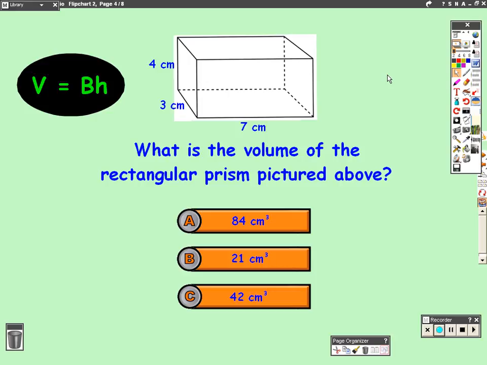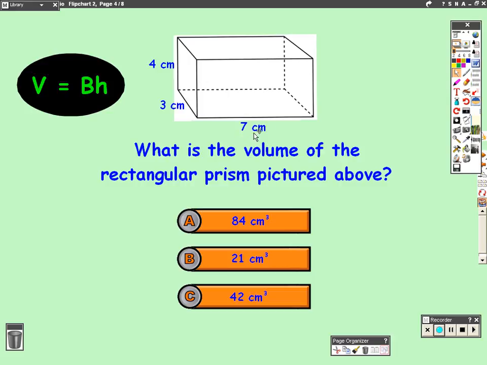Now, making the transition from area to volume is somewhat related because we still need to find the area of the base before we can multiply it by the height. The volume, in order to determine that, we're always multiplying the base of the three-dimensional figure by its height, or later on we'll call altitude. So in this case, we would take 3 times our 7, and we'd get 21.